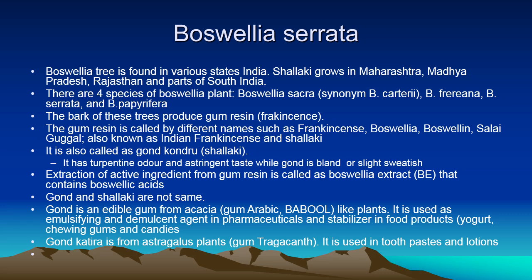Gond is an edible gum from Acacia arabica or babool, and it is used as an emulsifying and demulcent agent in pharmaceuticals and stabilizer in products such as yogurt, chewing gum, and candies. Gond katira is from the astragalus plant. It's called gum tragacanth, and it is used in toothpaste and lotions. So all are gums, but Shallaki is a different gum.